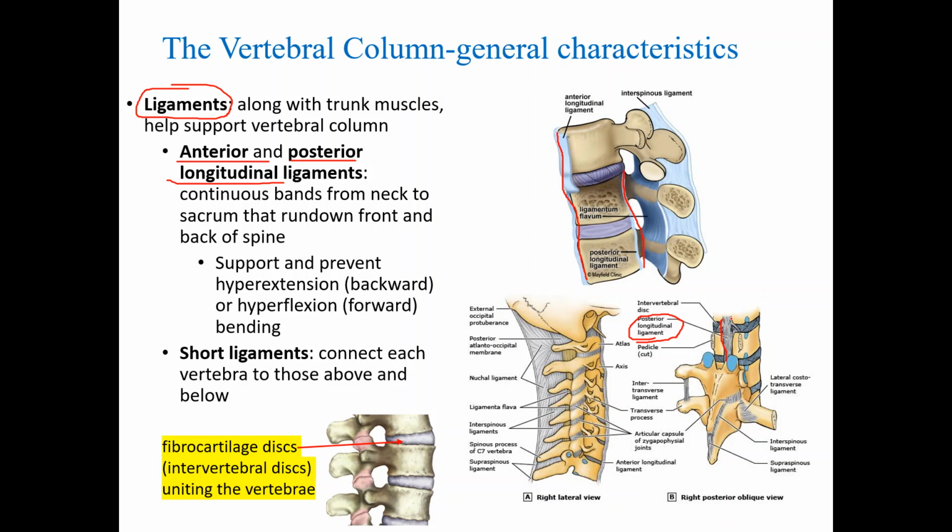You kind of have to take away some of the processes of the vertebrae in order to appreciate the posterior ligament, which is over here and runs longitudinally all the way in the vertebral column. And then there is the anterior one, which is highlighted here, in an anterior portion.